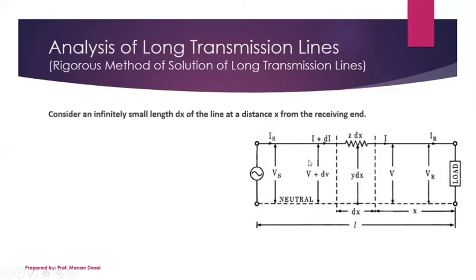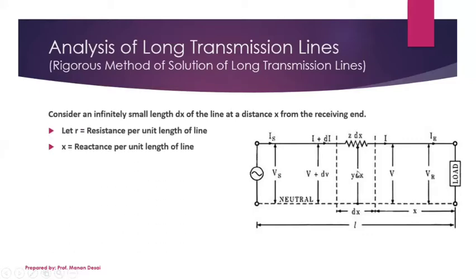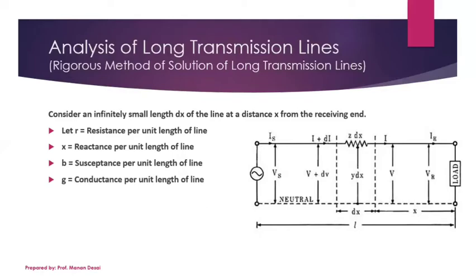Consider this figure, an infinitesimally small length dx of the line at distance x from the receiving end. Now let r be the resistance per unit length, x the reactance per unit length, b the susceptance per unit length, and G the conductance per unit length.